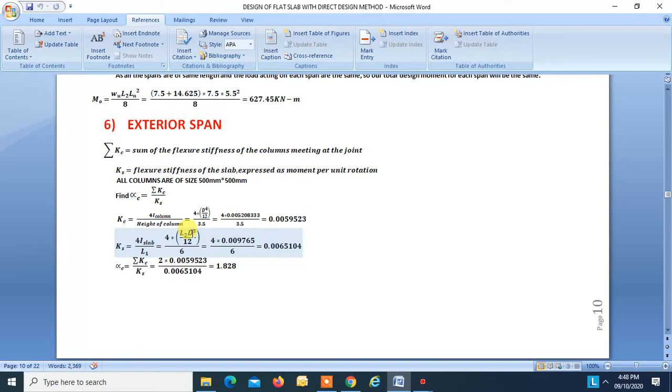And D over here you have to take as 250. So sigma Kc is equal to 2 into this value divided by Ks. We get 1.828.